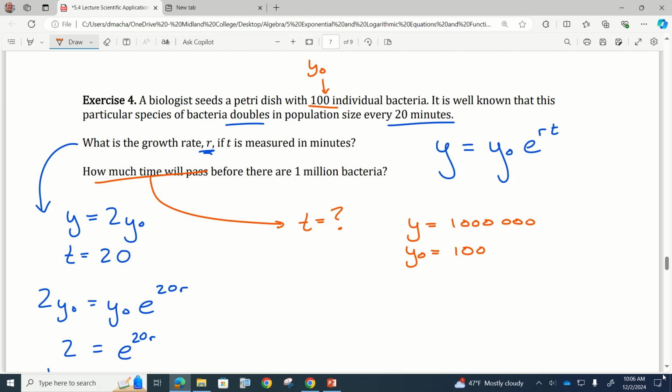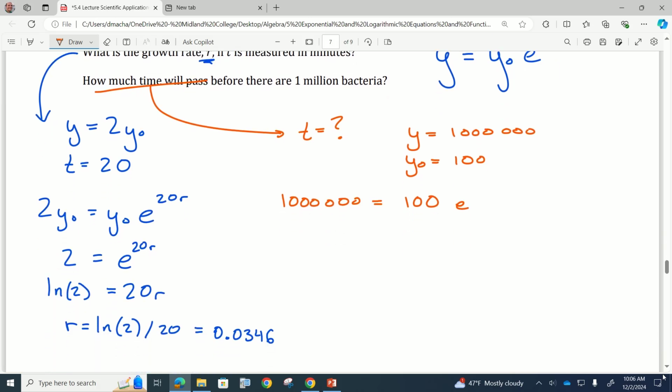So I'm going to use the same formula and write 1 million, that's a 1 with 6 zeros, is equal to 100 times e to the power rt. I'm looking for t, and r, we just found in the previous question, r is 0.0346 times t. Okay, so divide both sides by 100.